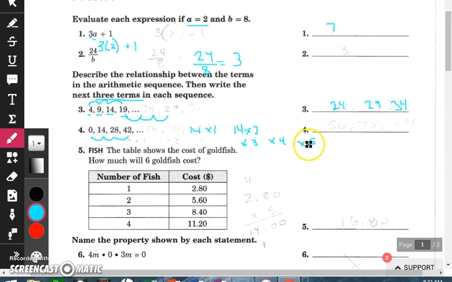And what are we multiplying by? 4, 5, and 6. We're multiplying 14 by 4, 5, and 6. So the 3 next numbers would be 56, 70, and 84. 6 times 14 is 84.